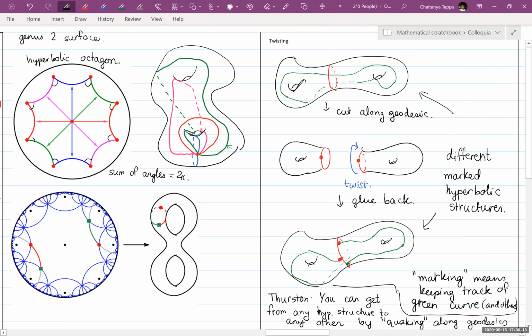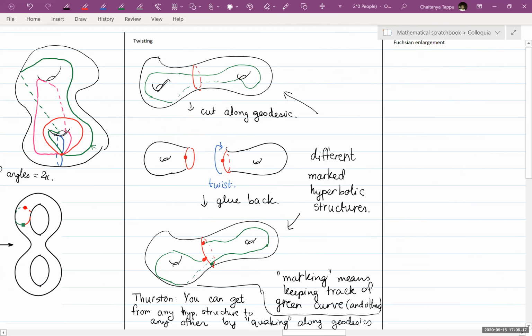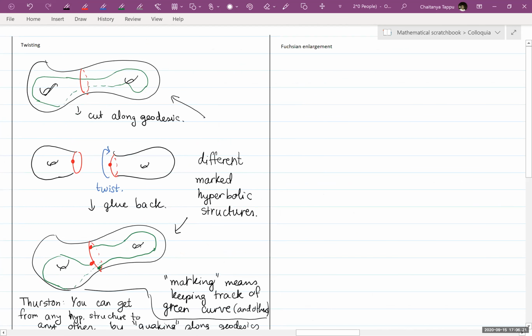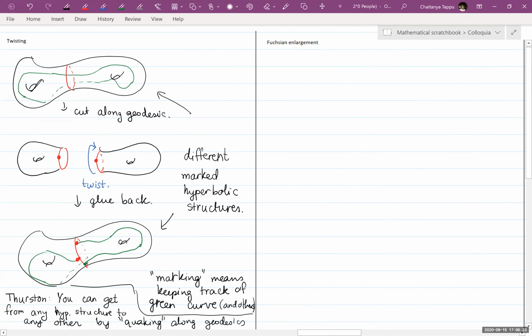Let me try to make this precise now. For that, I'm going to give you a precise definition of what a marked hyperbolic structure is, and then I'm going to tell you about how earthquakes change hyperbolic structures.